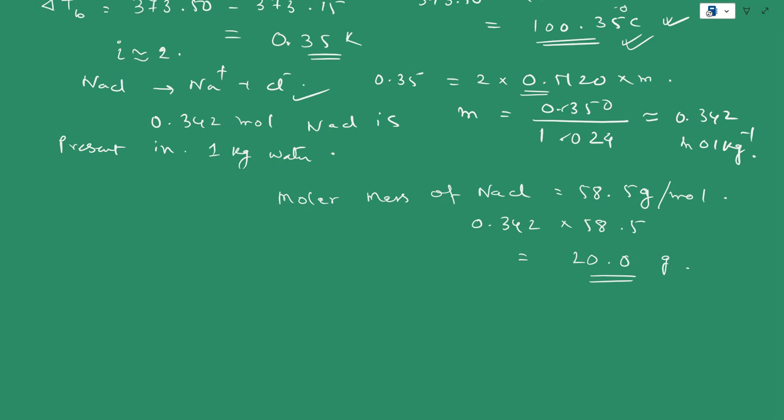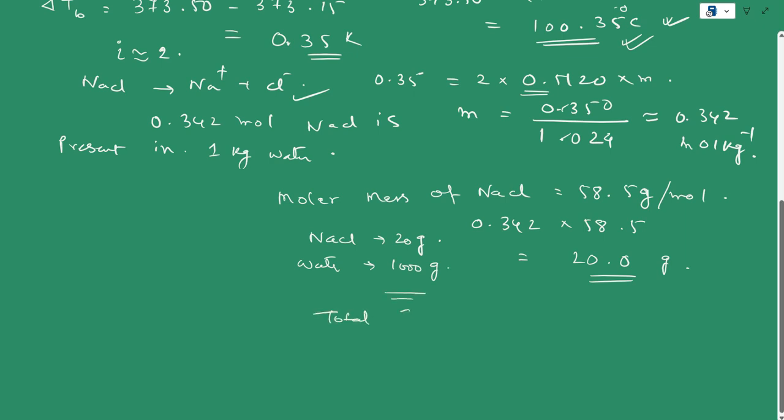So NaCl 20 grams and water 1000 grams. So total solution mass 1020 gram, right?